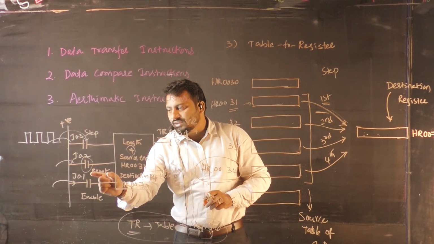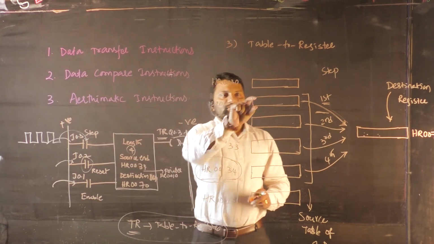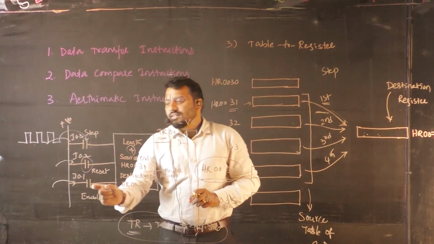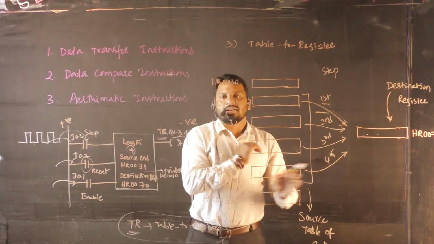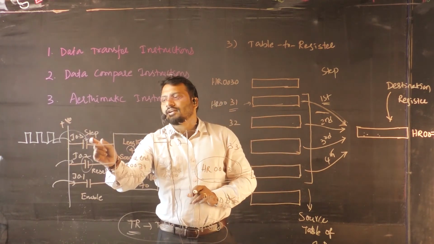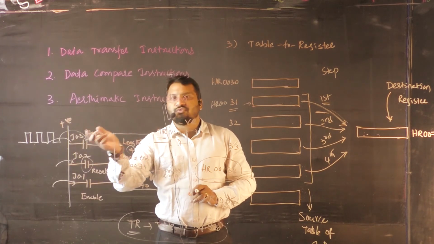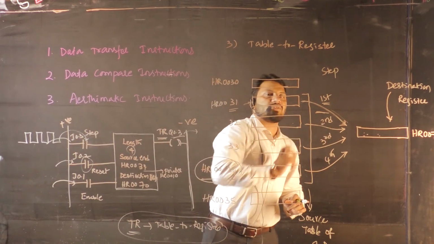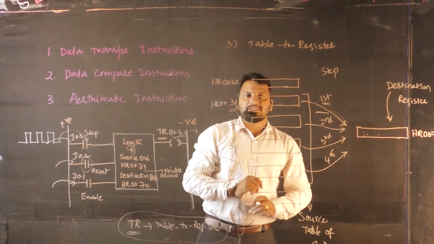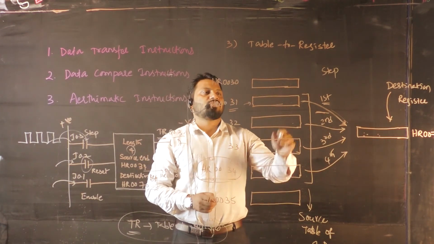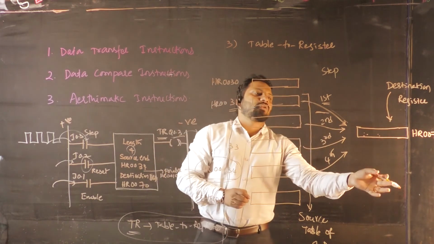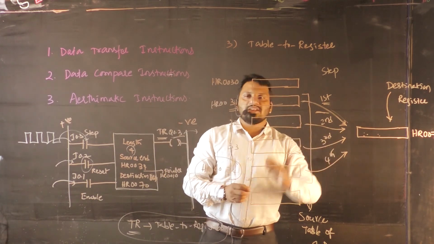What is the use of reset? Reset goes back to the first register. This enable contact is used to enable this particular data transfer. This step contact is used to give a step. For each step, each register's data will transfer from source to destination. So like that, data transfer will take place from the source table to the destination register.